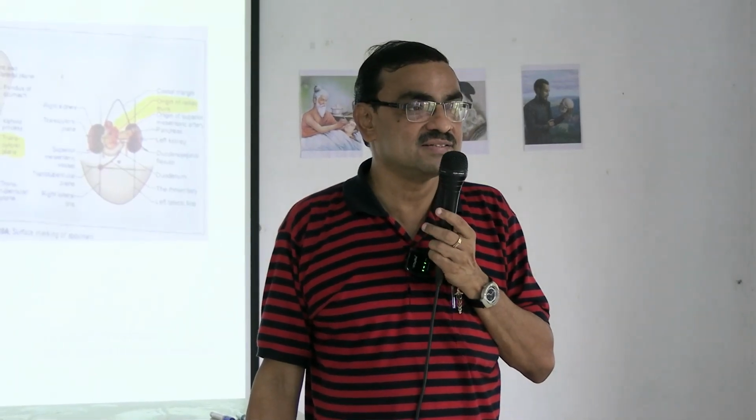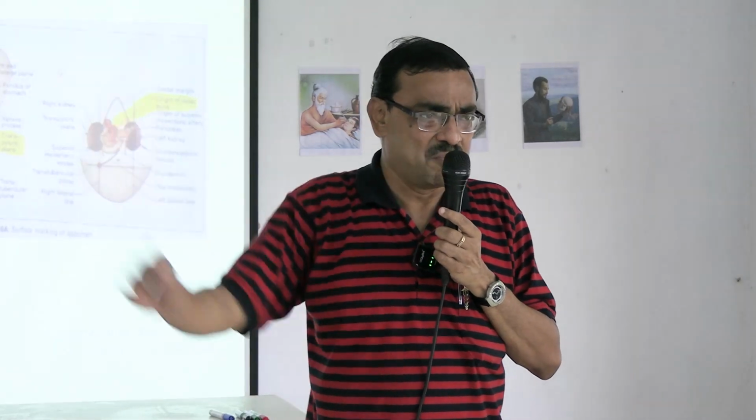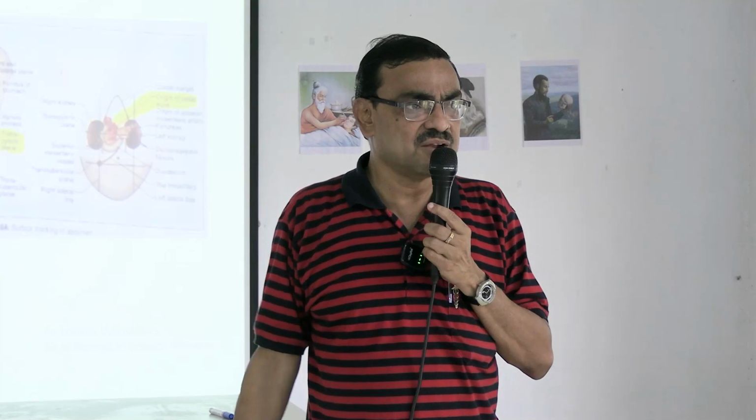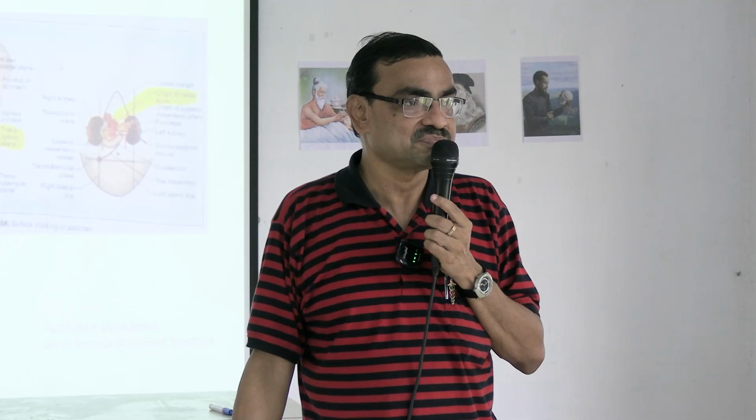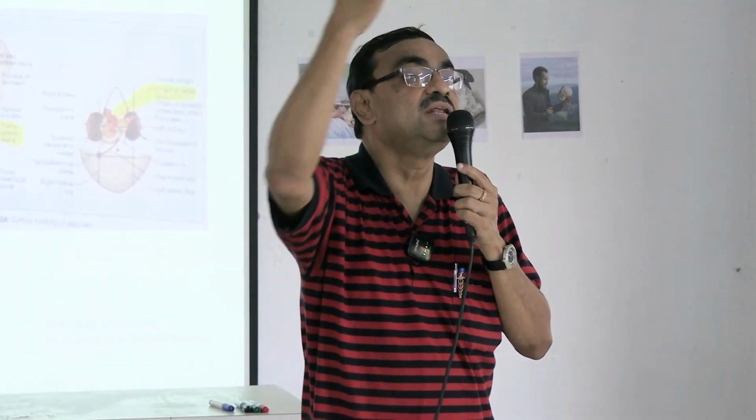What are the branches? There are some branches coming from the concave surface, from the convex surface and from the anterior surface. From the anterior surface you are getting the middle colic.